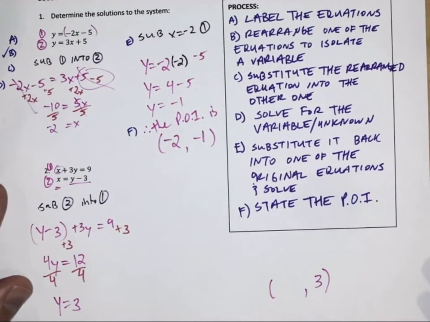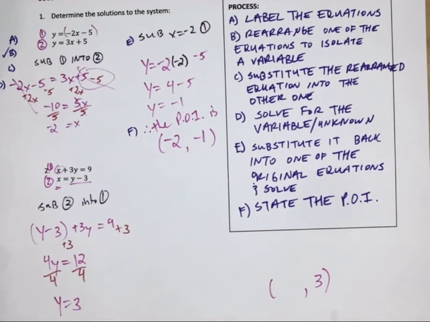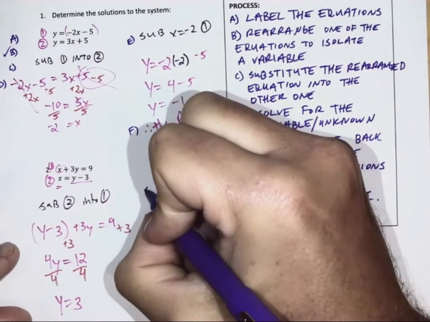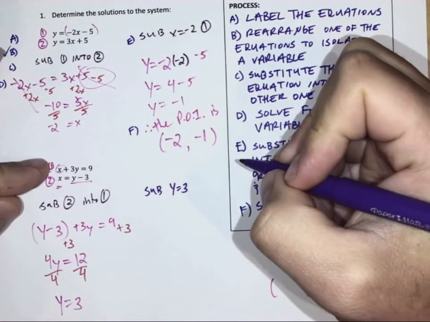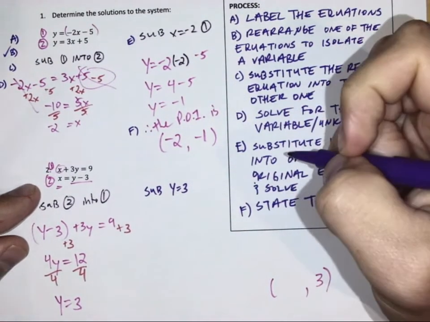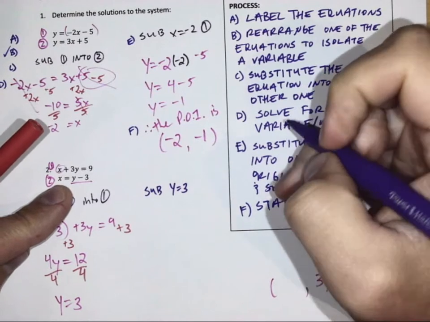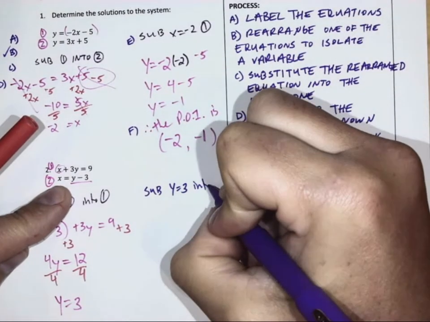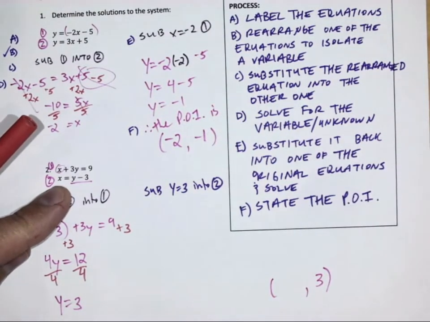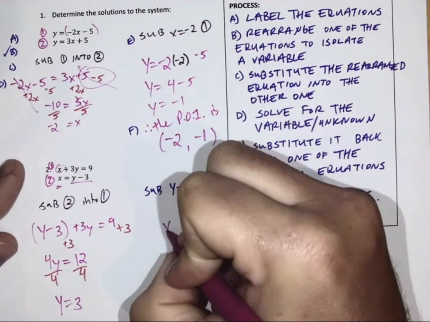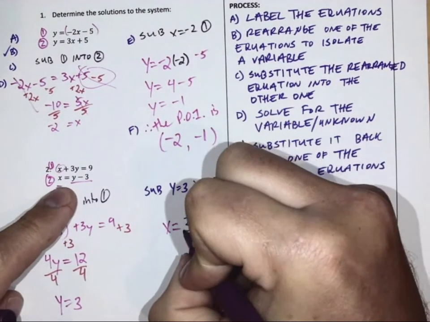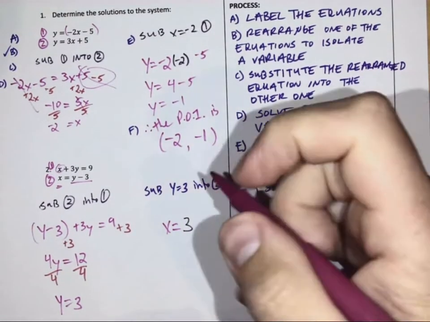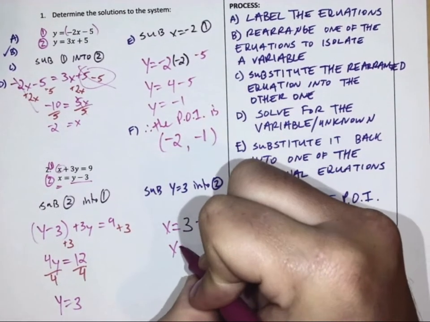Remembering that, I have now found what y is worth in that point of intersection. I take y equals 3, and I'm going to sub into either equation 1 or equation 2. It doesn't matter, but because x is isolated, I'm going to choose to sub it back into equation 2. x equals, everywhere I see y, I put in what I solved for y, and then I solve.